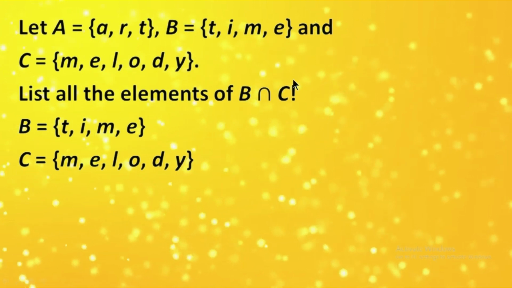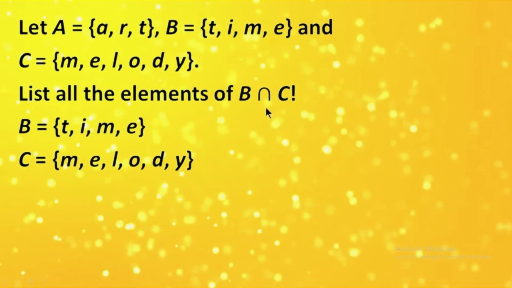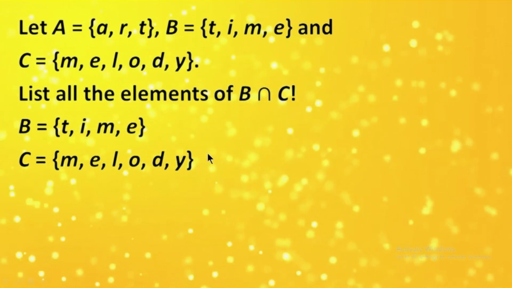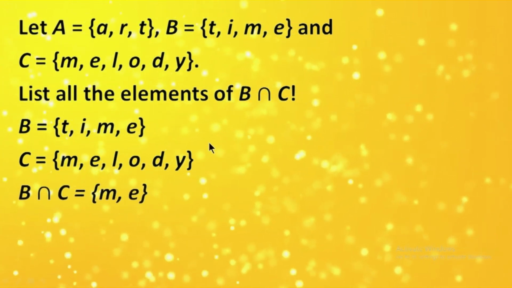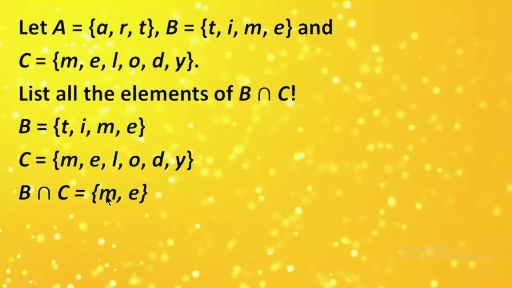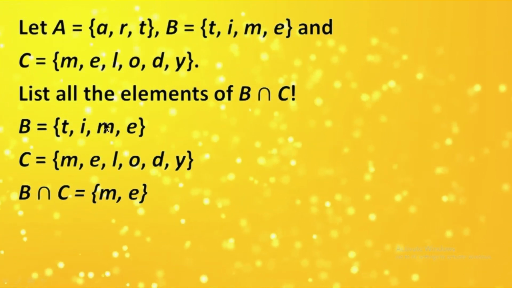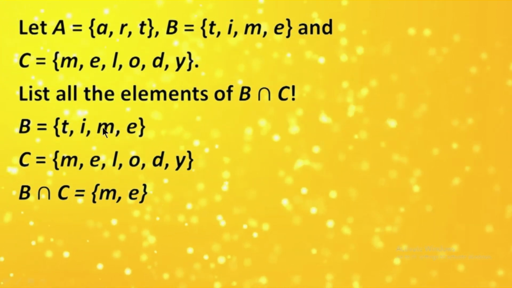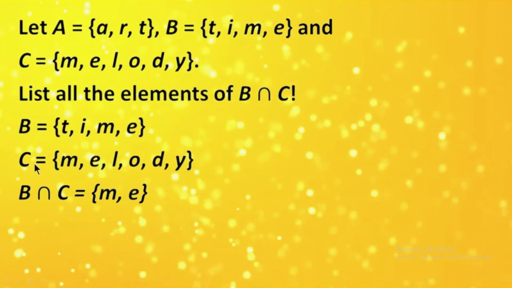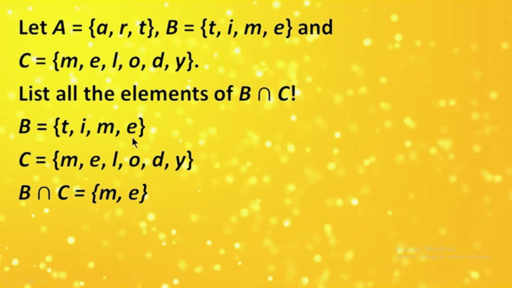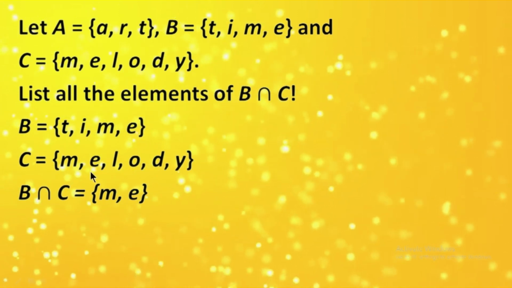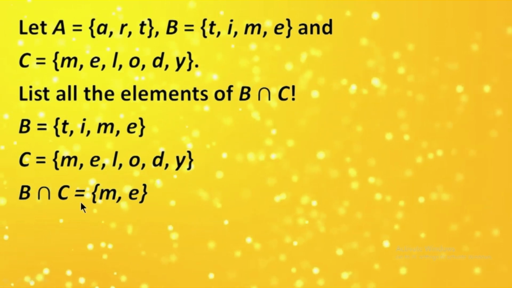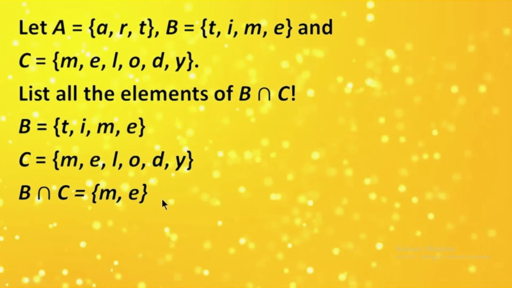As I said before, the elements of B intersection C are the common elements between B and C. And you can see that the common elements between B and C are actually M and E. There's M in B and also M in C. That means M belongs to B and M also belongs to C. And E belongs to B and E belongs to C. They have common elements. So B intersection C equals ME.